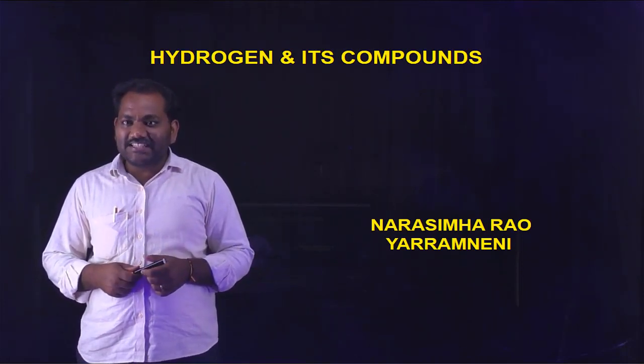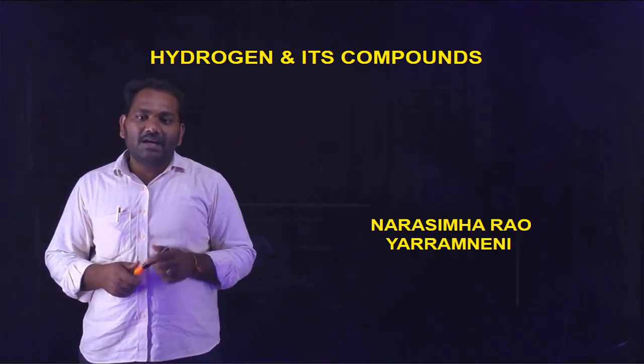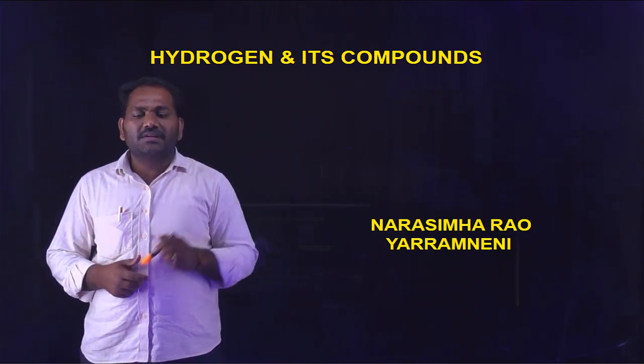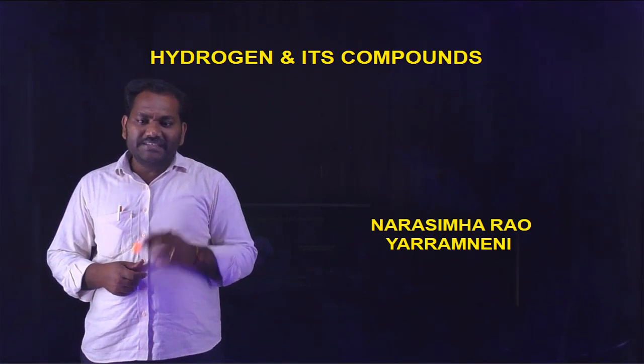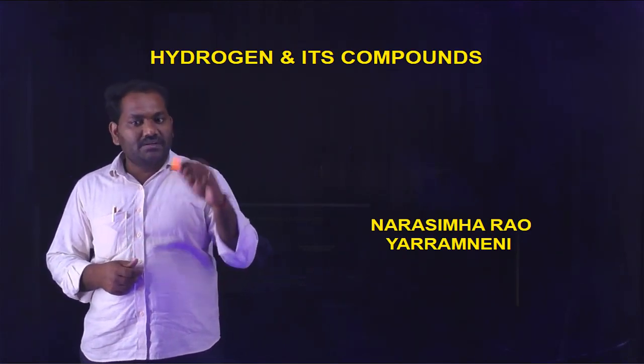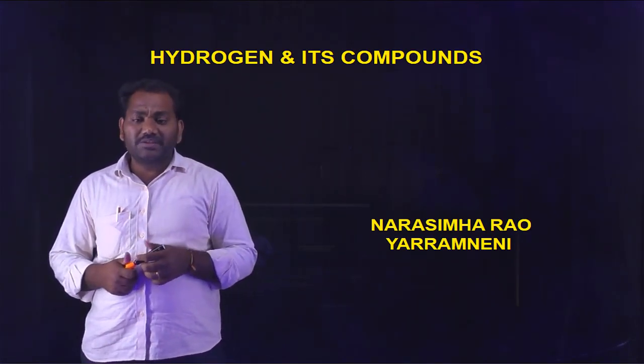Today we are discussing an important topic in hydrogen and its compounds. In previous classes we already discussed the position of hydrogen in the periodic table and the isotopes of hydrogen.